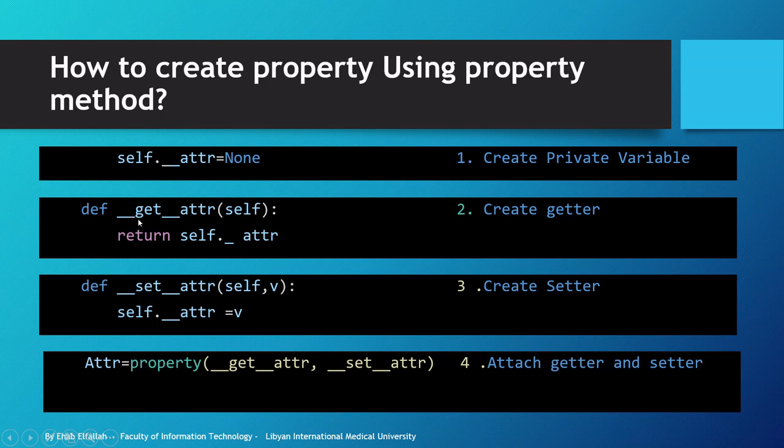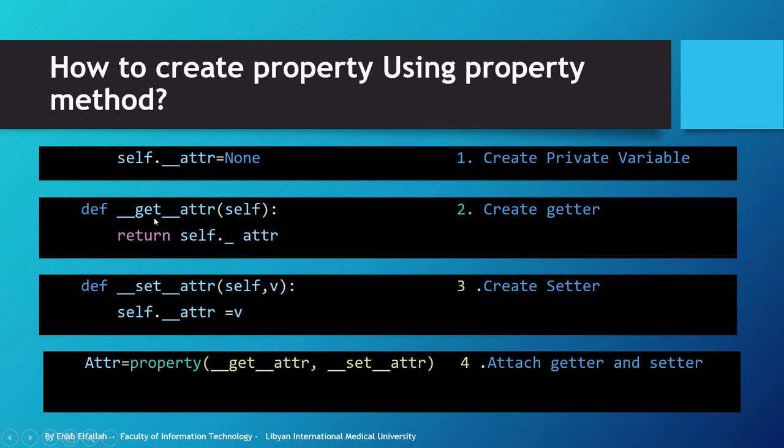We can name it whatever we want. Here it's better to name it like this: get 2 underscores attribute. This method will return the value of this private attribute, and we create the setter ourselves.